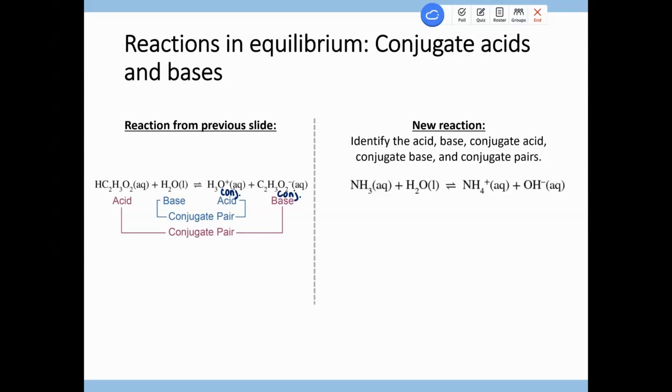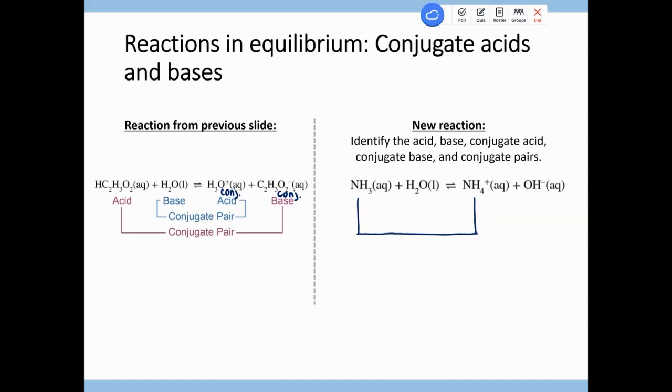Okay, let's go through this reaction here. So if we start with the first molecule, NH3, and then look for the molecule on the product side that differs by 1 H+, that's NH4+. So by identifying this conjugate pair, we can see for that conjugate pair what happens in the reaction for that reactant. NH3 becomes NH4+.